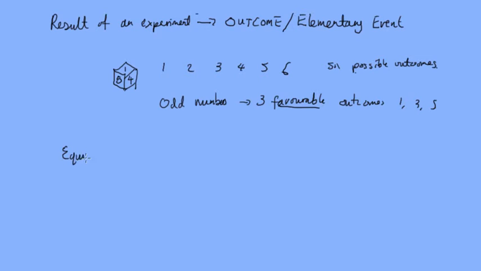The selection of any particular object is said to be equally likely or equiprobable. So equiprobable is when the outcome of an event has the same probability.